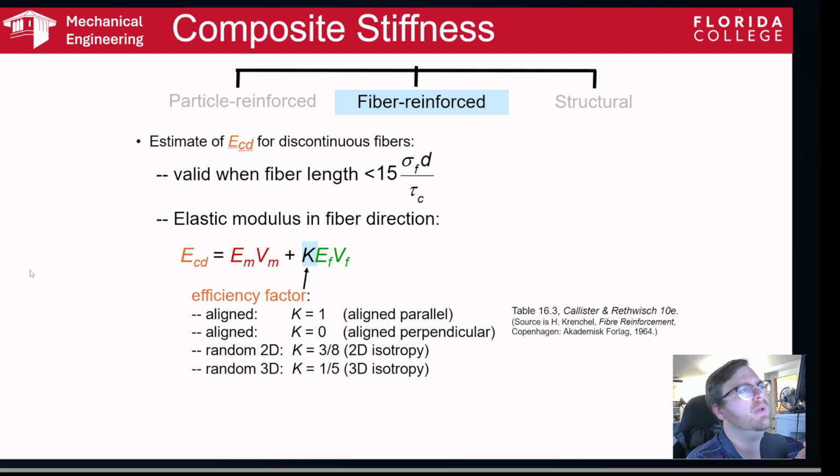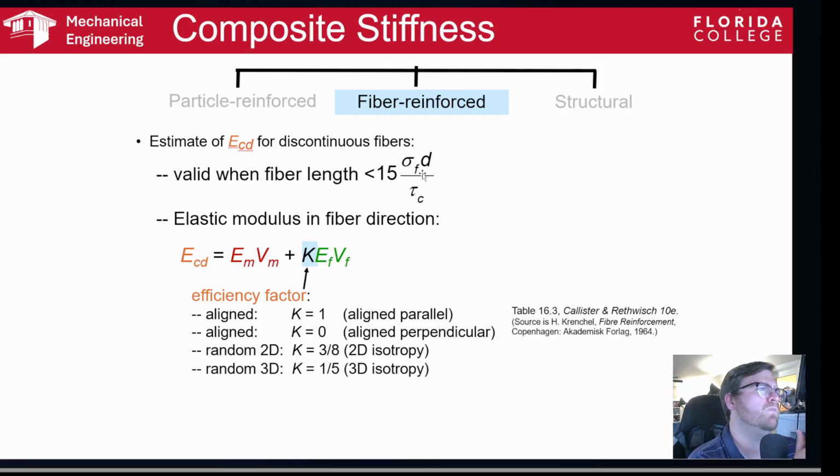So we can also estimate for discontinuous fibers. This is valid when our fiber length is less than 15 times our value. So these are what we consider discontinuous. Otherwise, we consider them continuous. Personally, when I think of that terminology, I think that continuous fibers should mean almost all the way through your material, because that's what I've worked with in the past.